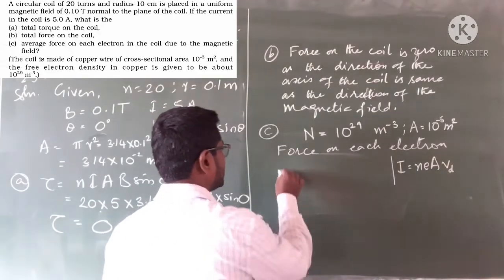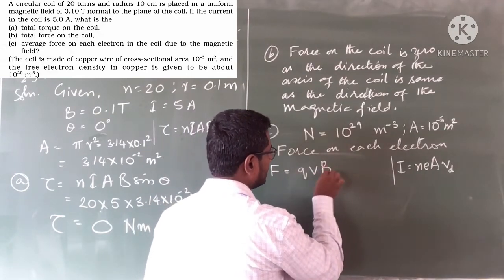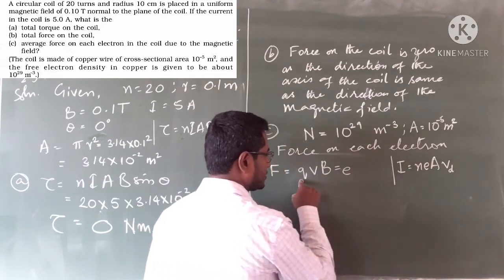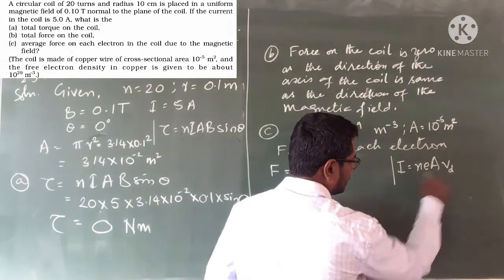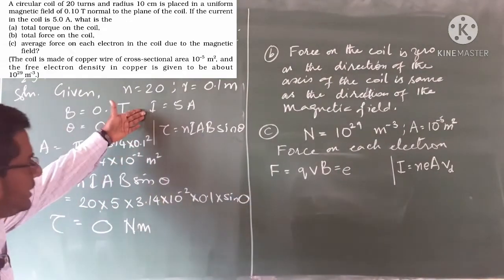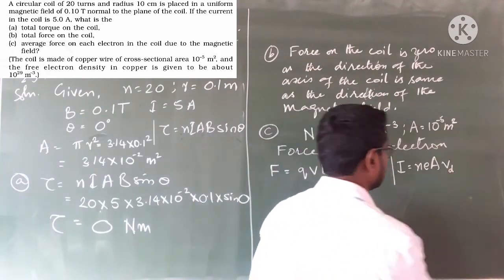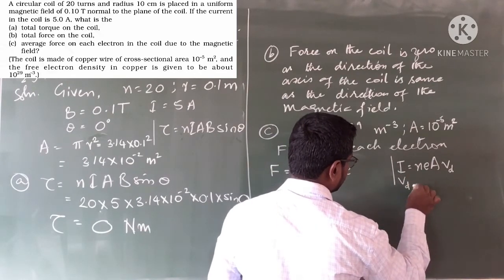From the Lorentz force equation, what we have here is it is going to be q v B. Out of these three terms, two of the terms need to be changed. First is the charge of electron. This v is going to be extracted from this equation for the current, because in the question the current is given. They have not given the drift velocity, but they have given the current, the area and N. So I will rearrange this equation for v_d.